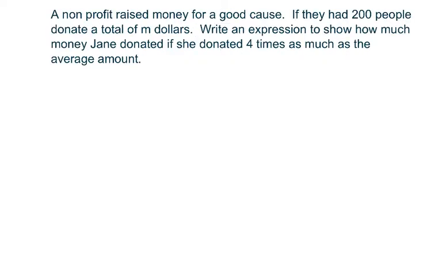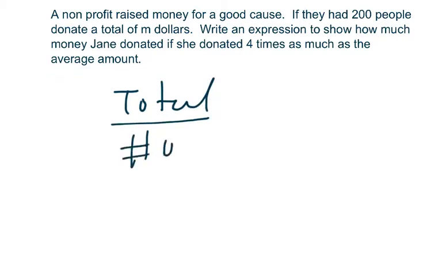A nonprofit raised money for a good cause. If they had 200 people donate a total of M dollars, write an expression to show how much money Jane donated if she donated 4 times as much as the average amount. So first we have to find what the average amount is. And to do that, you take your total divided by the number of people in this case.